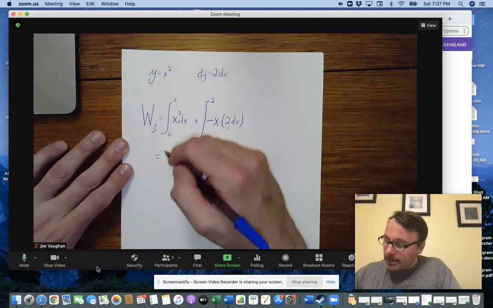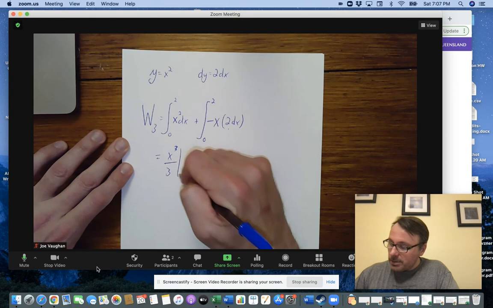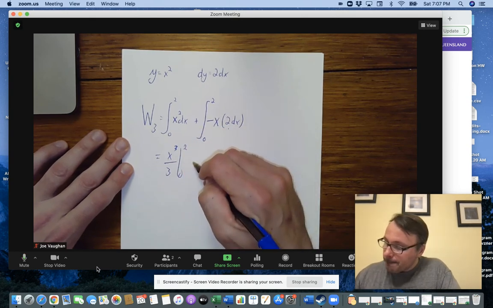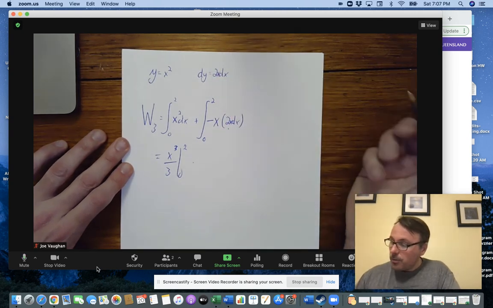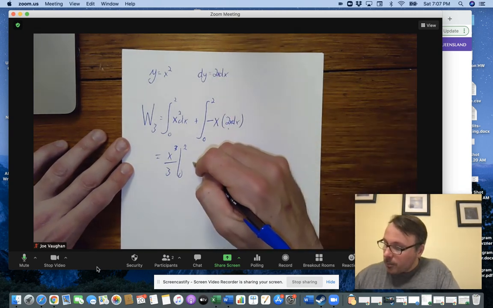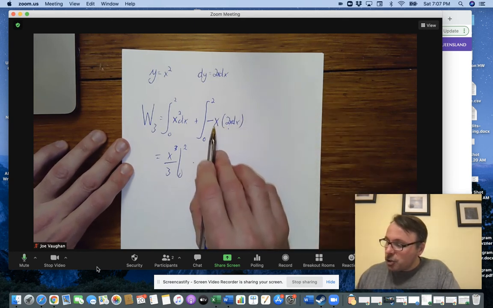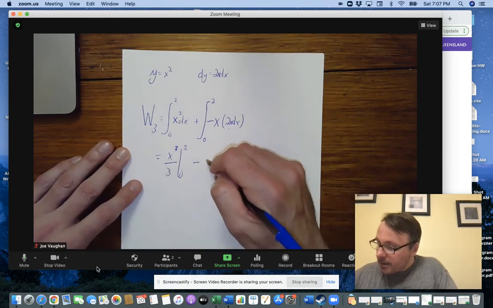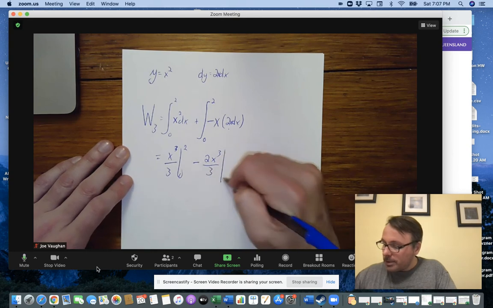And I'm going to get x cubed over 3 from 0 to 2. And then this ends up being, this is 2x. Once again, got to be careful. Don't want to go too quickly. So I'm evaluating negative 2x squared, right? So that becomes negative 2x cubed over 3 between 0 and 2.